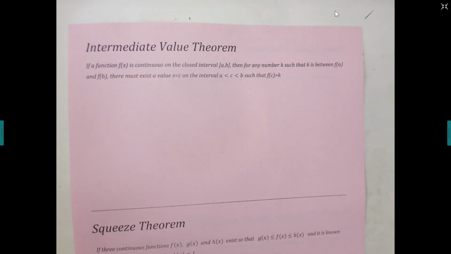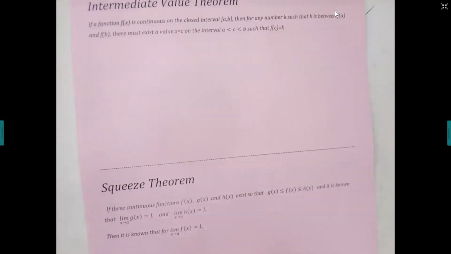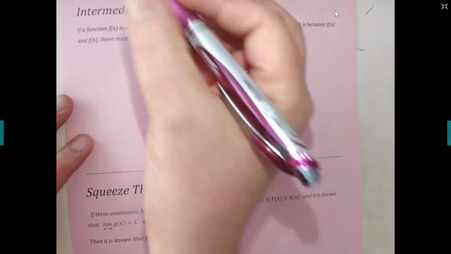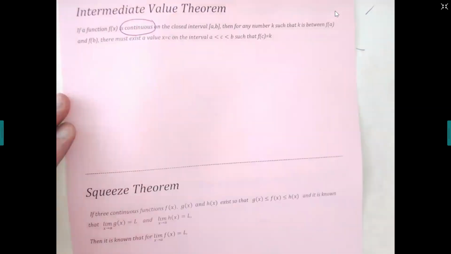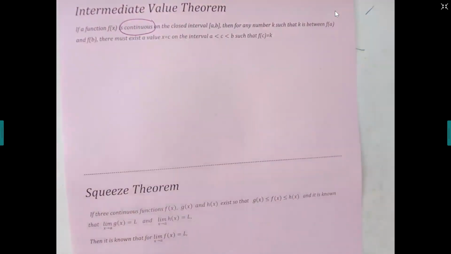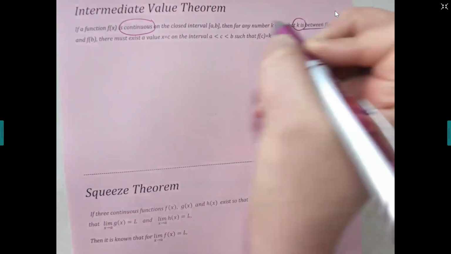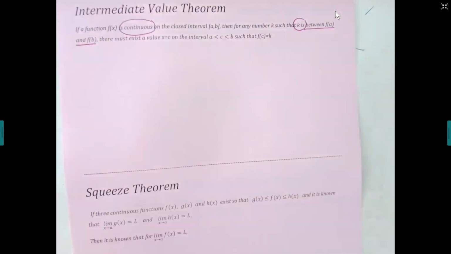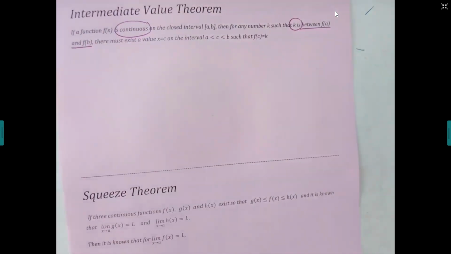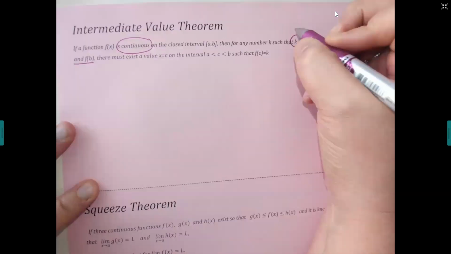First one is intermediate value theorem. I want you to circle the conditions. Condition number 1 is you can only use intermediate value theorem on continuous functions. If it is not a continuous function, you cannot use it. Second, the k that you want has to be between f of a and f of b. Put a y value right above where the k is.